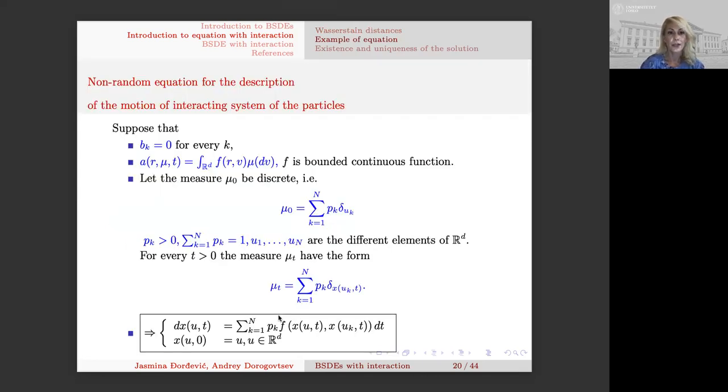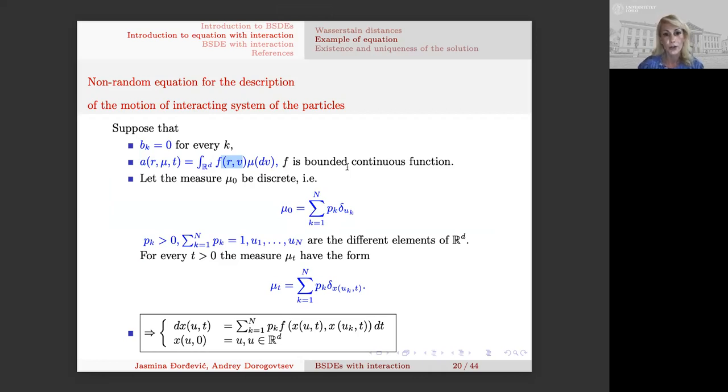And first, some simple example. Suppose that there is no diffusion and that the drift coefficient is represented via an integral of some function f with respect to the measure mu, where f is a bounded and continuous function.